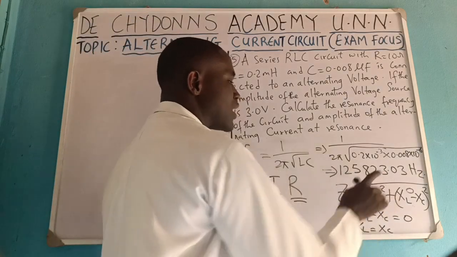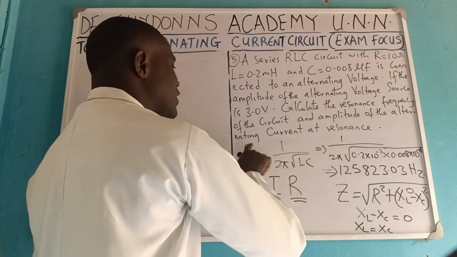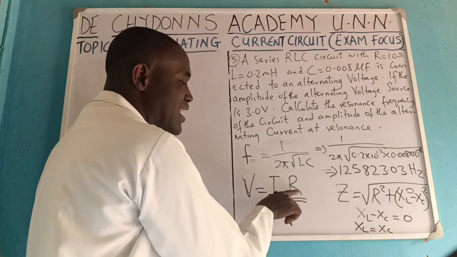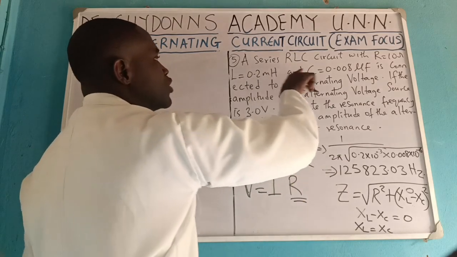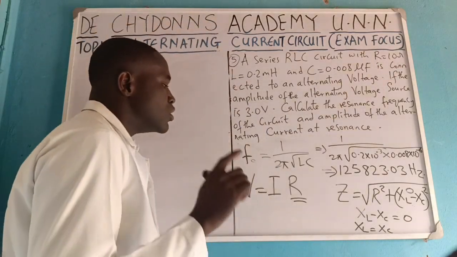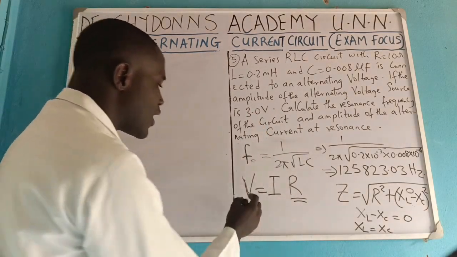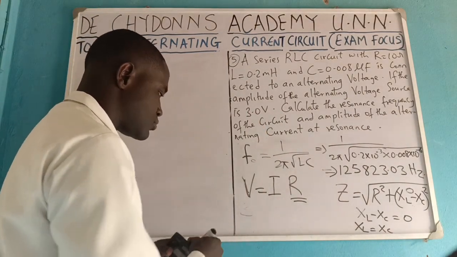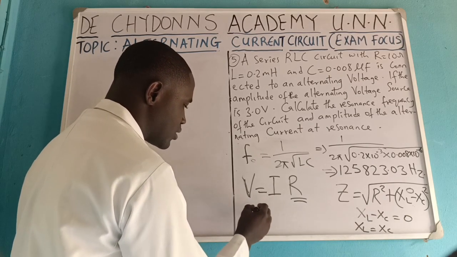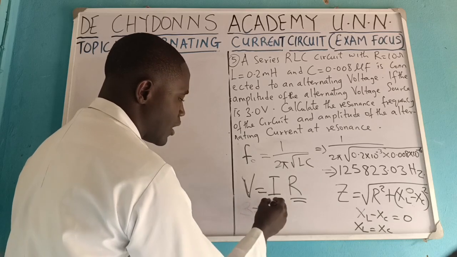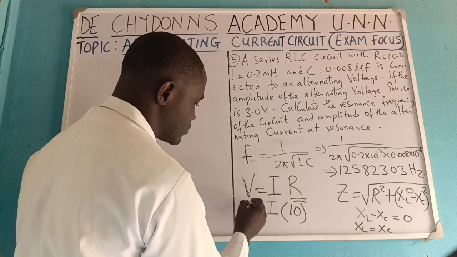Square root of R square is now R. That means the R we are seeing here will be the R given to you in that question. So the voltage is given as what? 3. So we now say 3 equals to I times bracket 10.